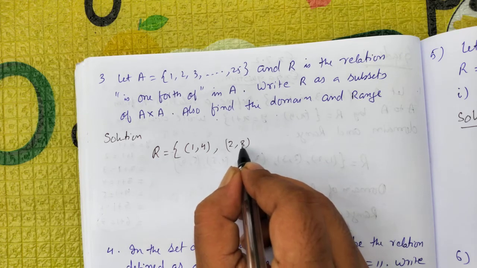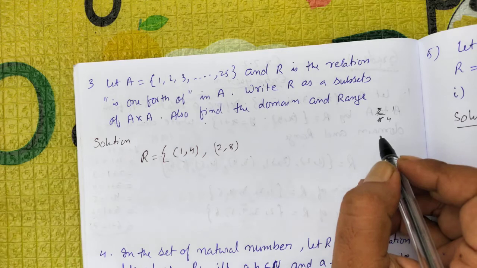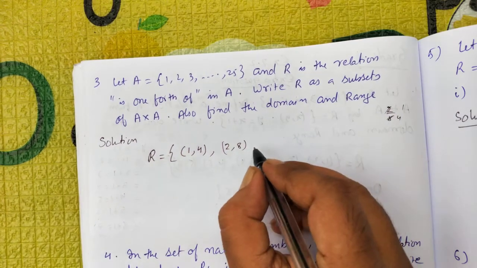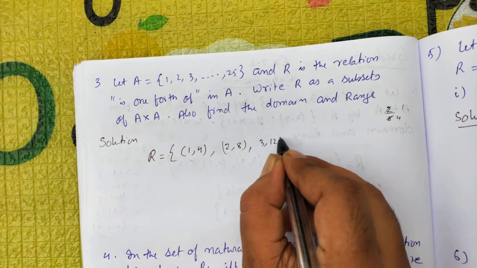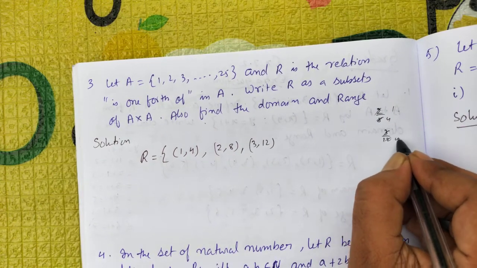If I divide these two, 2 by 8, I'll get 1/4. If I use 3, 3 will be 12. If I divide these two, 3 by 12, I get 1/4.